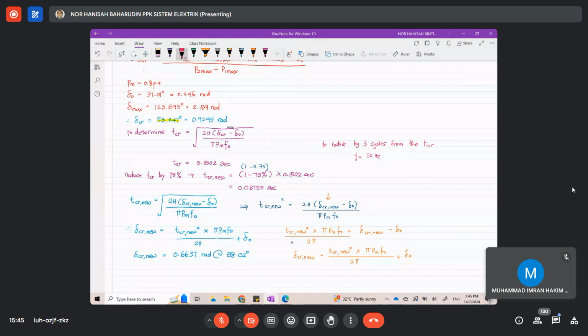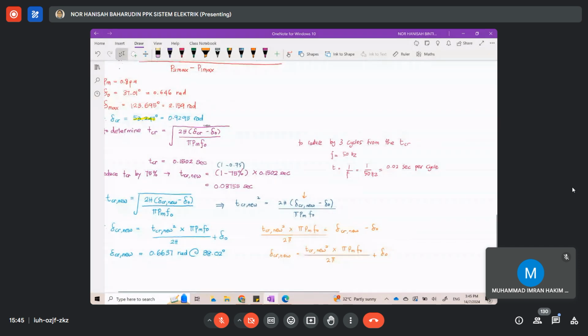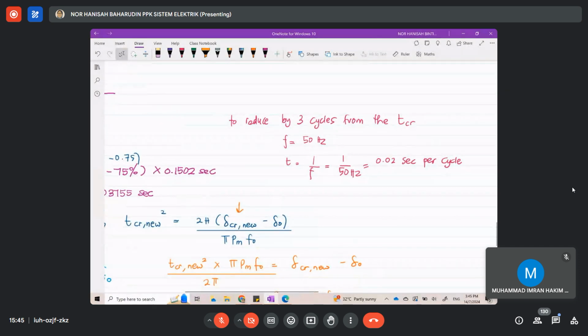So you know that your time per cycle is 1 divided by 50 hertz, which is 0.02 second per cycle.